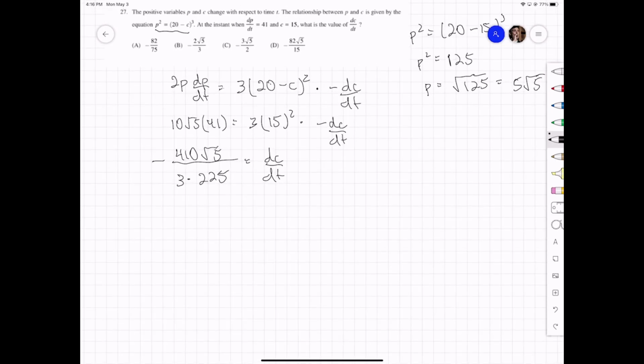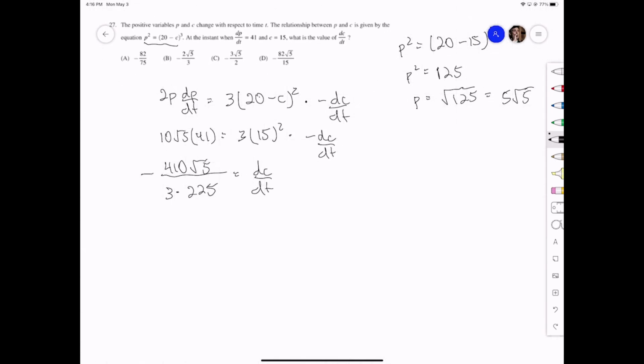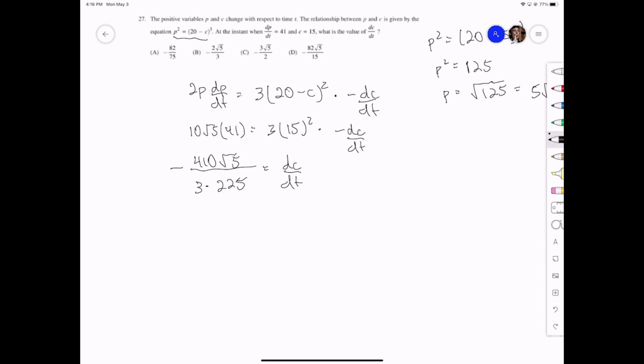Gosh. Wait, hold on. Wait, Nate, am I doing something wrong here? No, I think you're good. The answer should be D, I think. So 225 times 3. So negative 410 square root of 5 over 675.